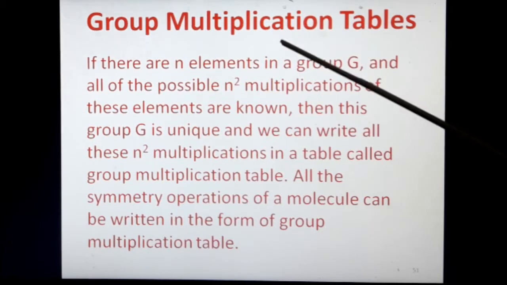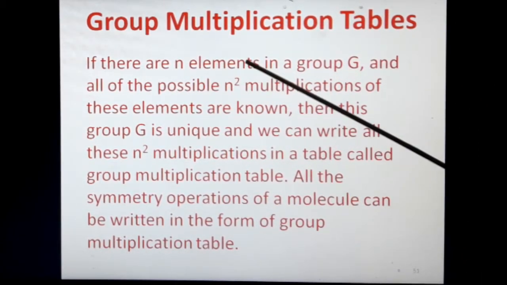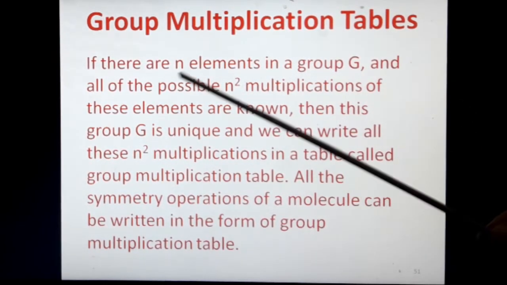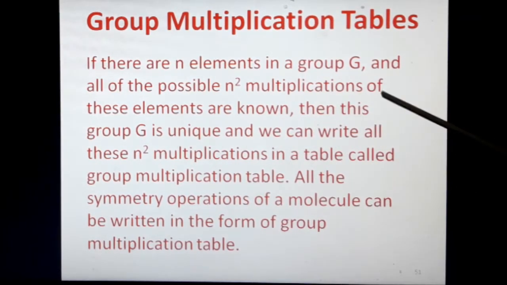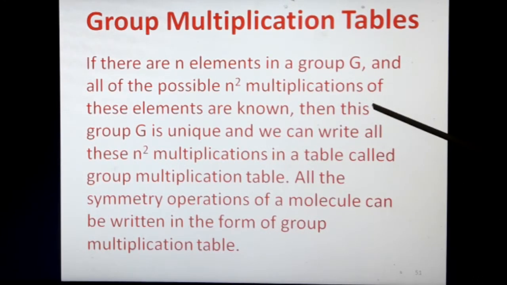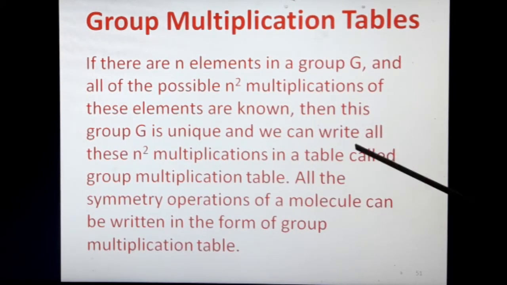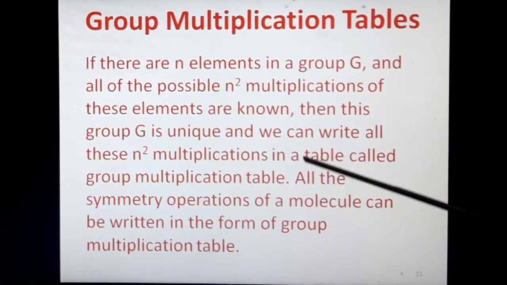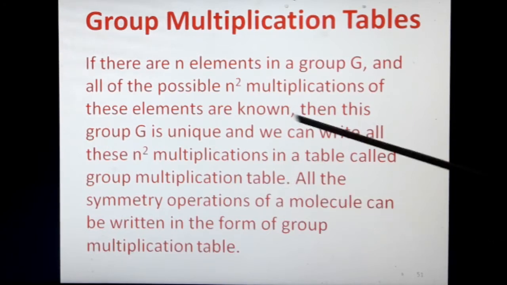Group multiplication tables. If there are n elements in a group G and all of the possible n squared multiplications of these elements are known, then this group G is unique and we can write all these n squared multiplications in a table called the group multiplication table.